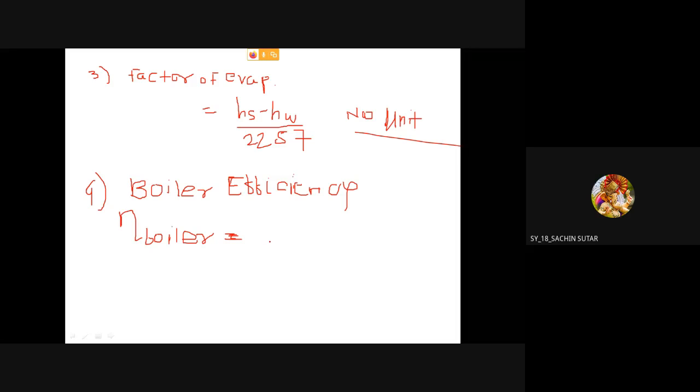Total heat required to evaporate feed water divided by total heat supplied to the boiler. Okay. What is the formula now for this? The total heat required to evaporate feed water is Ms into bracket Hs minus Hw, where Hs is the specific enthalpy of steam generated from the boiler. If it is wet steam, we have to apply the wet steam equation. If it is dry and saturated steam, we apply the equation related to dry saturated steam.